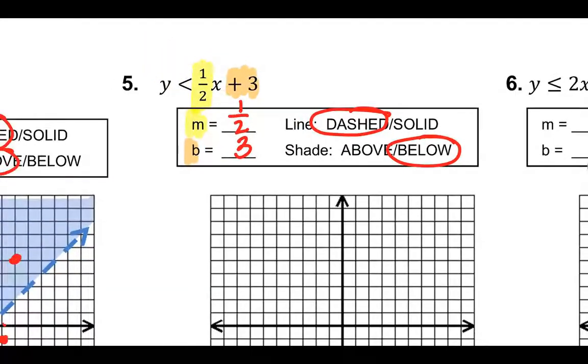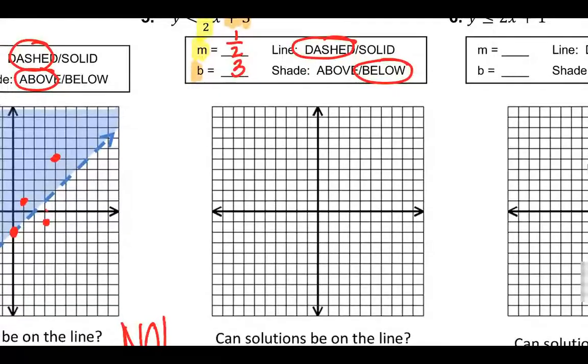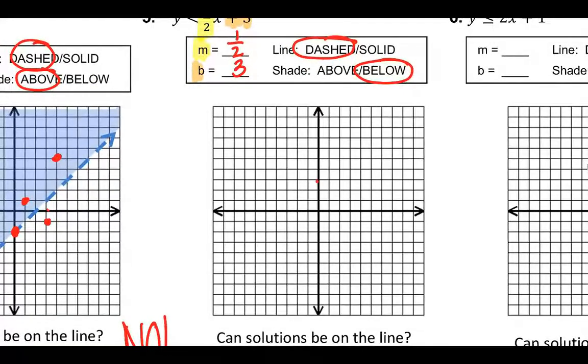Let's get to graphing. So I start with my b. That's my beginning. I'm going up 3 on my y-axis, and I'm going up 1 over 2, up 1 over 2, up 1 over 2. Or I could go down 1 to the left 2, down 1 to the left 2, down 1 to the left 2. Again, I'm making this a dashed line.